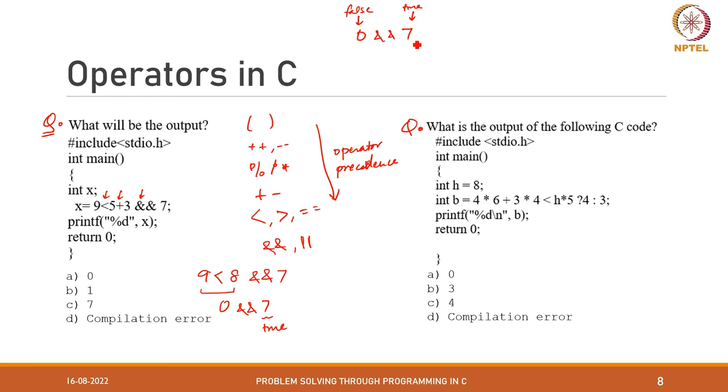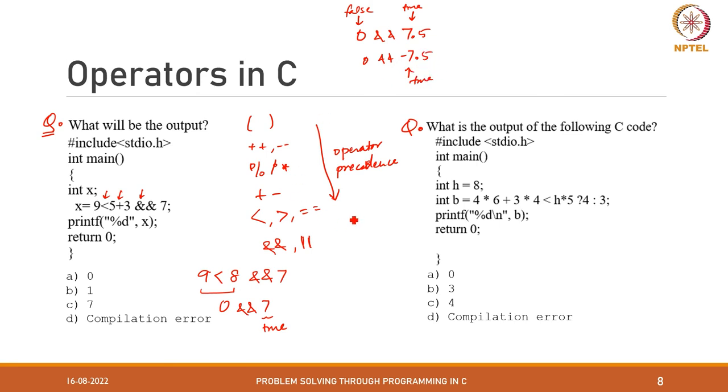Anything apart from 0 will be true. If you had written 0 and minus 7, minus 7 would also be true. Only if you write a 0 will it be considered false. Any other number, whether positive or negative, will be considered true. It might be fractional also, so 7.5 or minus 7.5 will still be true.